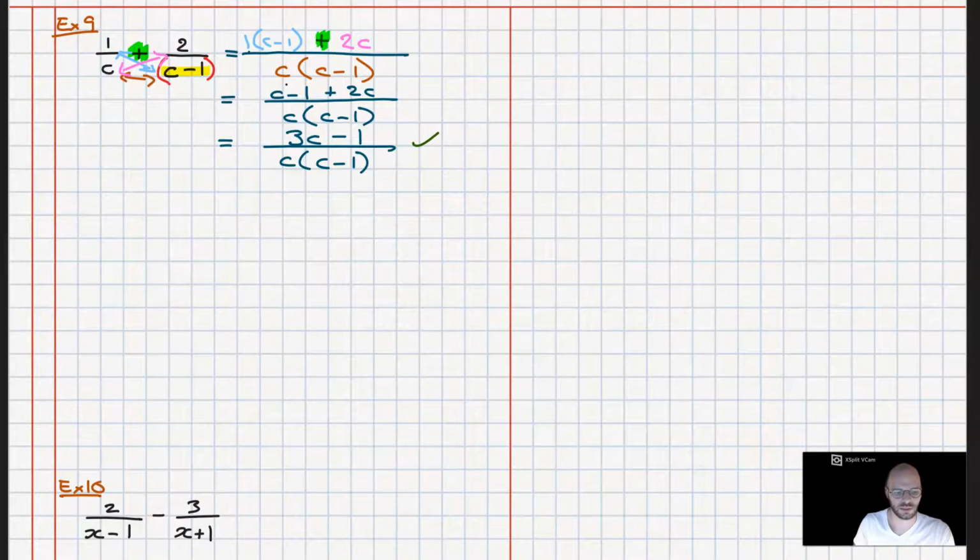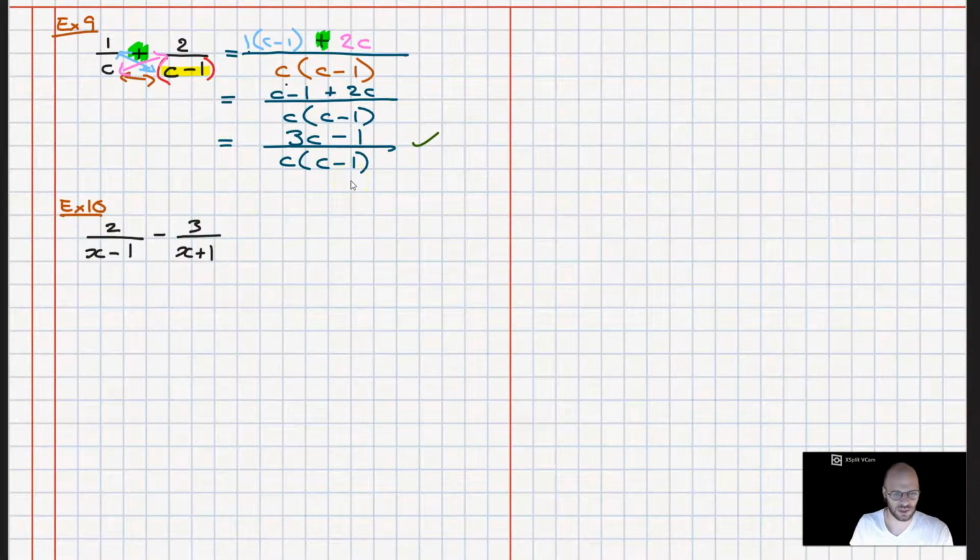Now let's look at example 10. Example 10, we have 2 over x minus 1 minus 3 over x plus 1. And we've got this problem where there's multiple terms in the denominator. So again, first thing I'm going to do is draw some implied brackets around the denominators just to tidy everything up.